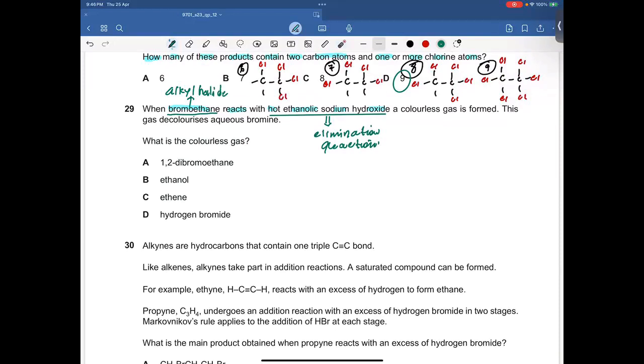So when a 2 carbon alkyl halide undergoes elimination, always alkenes are formed, and this alkene decolorizes aqueous bromine. That's the confirmation that an alkene is formed.